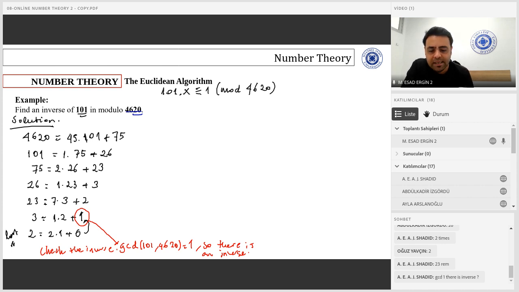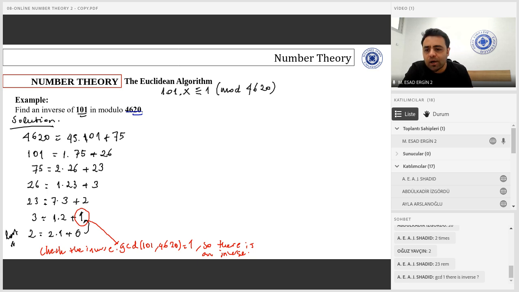Yes, the GCD is 1. That's why we can say that they have an inverse. 101 has an inverse in modulo 4,620.